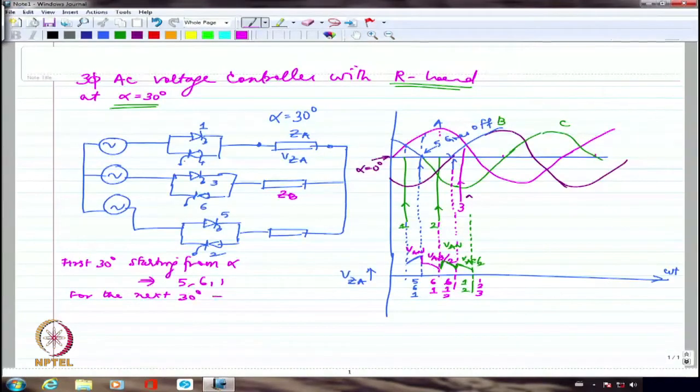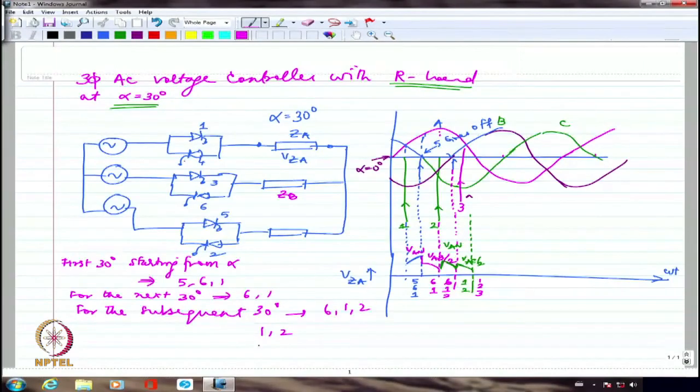Then for the subsequent 30 degrees, I am going to have 6, 1, 2. Then I will have 1, 2. Then I will have 1, 2, 3. Then I will have 2, 3. This is the sequence that it is going to go on.